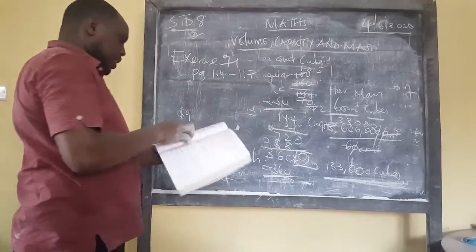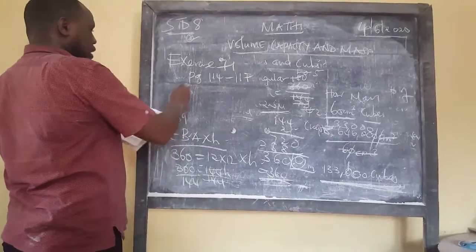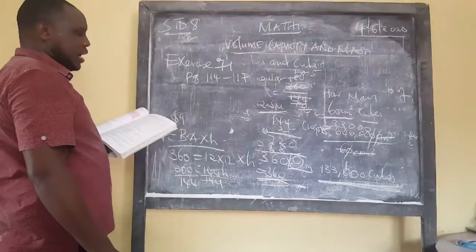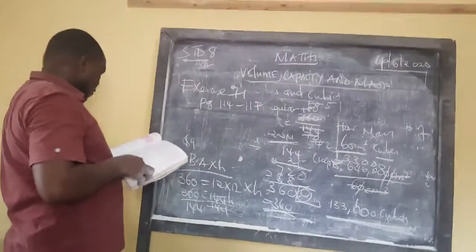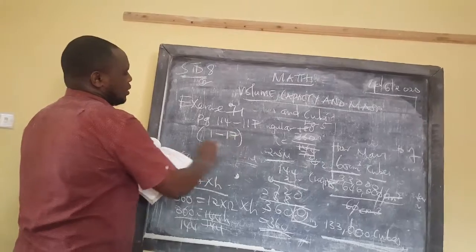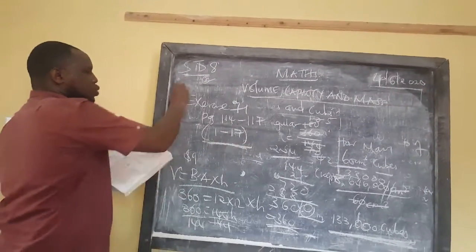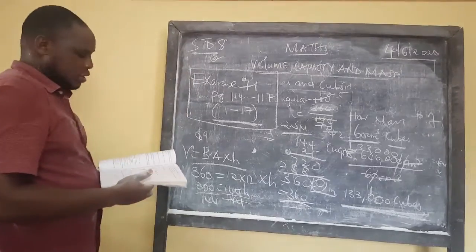There is a lot of work there, but it's good for you to practice that way because it will give you stamina to be able to do any question regarding volume. So this is from number 1 to 17. If you do this work and do it well, you'll never have a problem about volume.